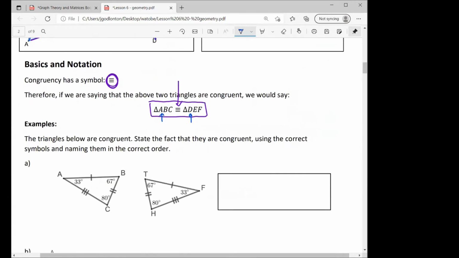Okay, so I'm going to talk you through this question, and then I'm going to let you do the next one. The whole purpose of this exercise is to practice writing these triangles in the correct order. If I'm saying triangle ABC is congruent, now I need to think of which angle is the same as A. The same one was F. So triangle F. Now I had B next, so what's my B?